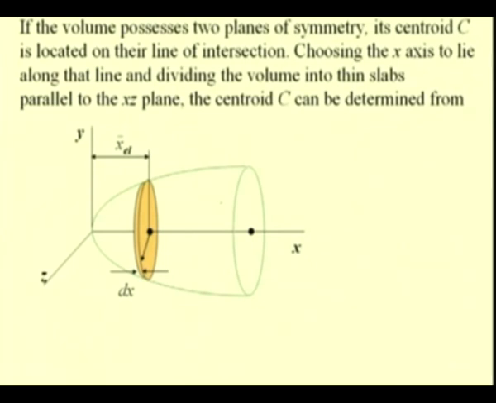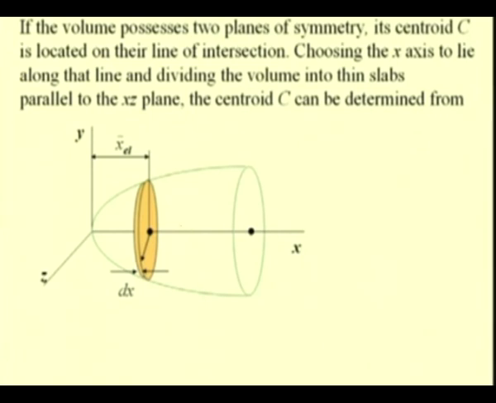So, here you see an example where we have two planes of symmetry, that is, this object is symmetrical about this plane yx as well as about this plane zx. So, the centroid lies along the line of intersection of these two planes, that is the x axis.